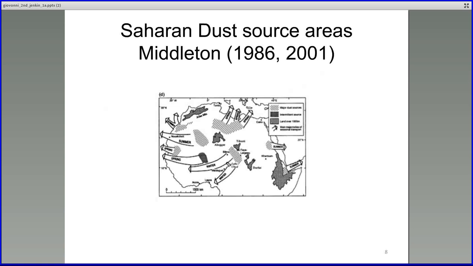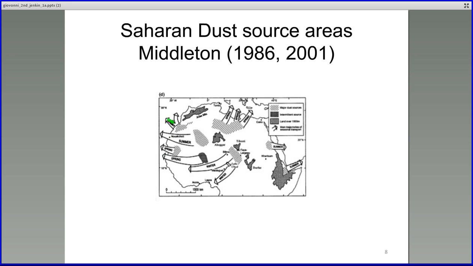So the picture that I have up next shows you that there are various sources of dust that can impact West Africa. It can impact the region at any time of the year, but in particular, the winter, spring, and summer seasons are when we see dust outbreaks. So during the summer and spring, these areas towards coastal West Africa are impacted.